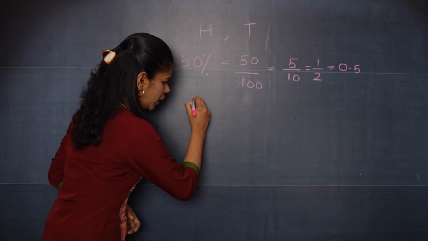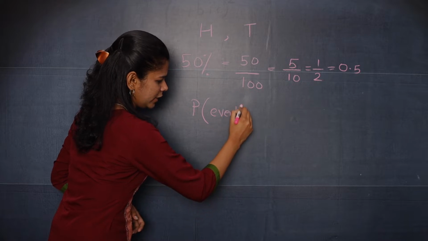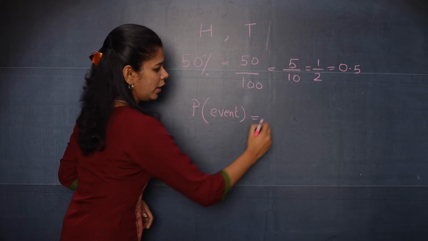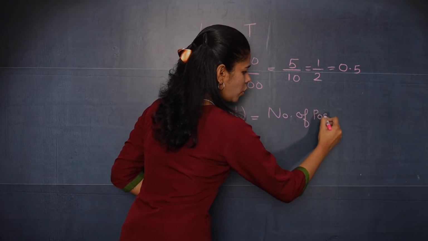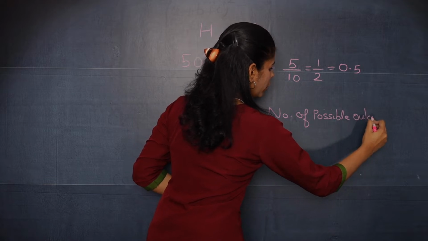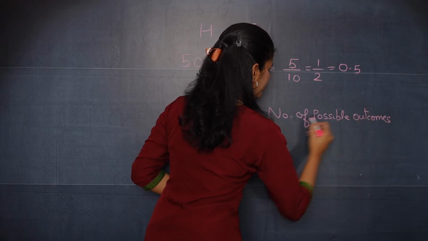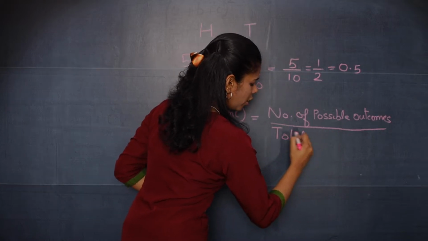So P of the event is equal to the number of favorable outcomes divided by the total number of outcomes.